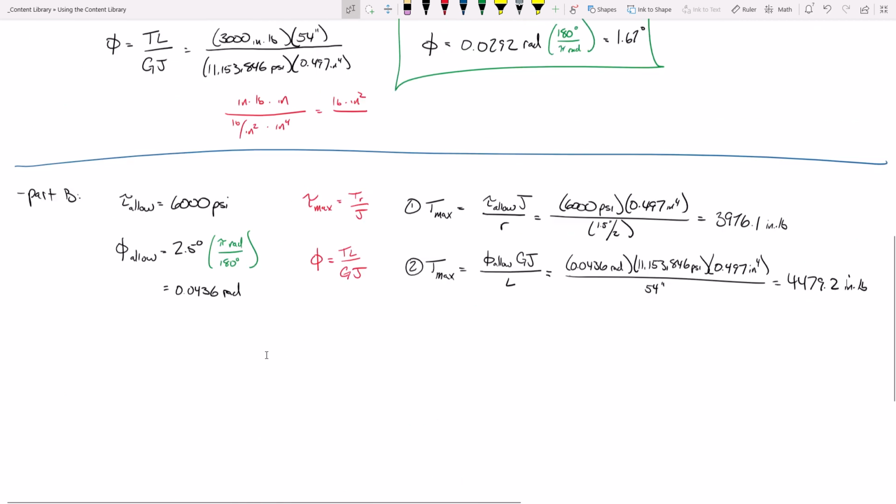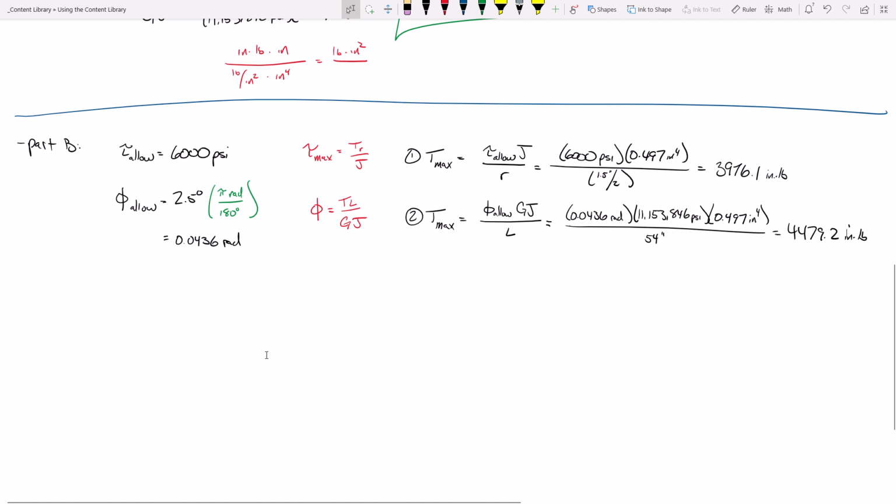So the question is, which one of these is the allowable torque? The smaller one, which in this case is this. Why? Let's assume that the larger is the correct answer. If I put this much torque, it will twist at 2.5 degrees. But how much stress am I going to get?